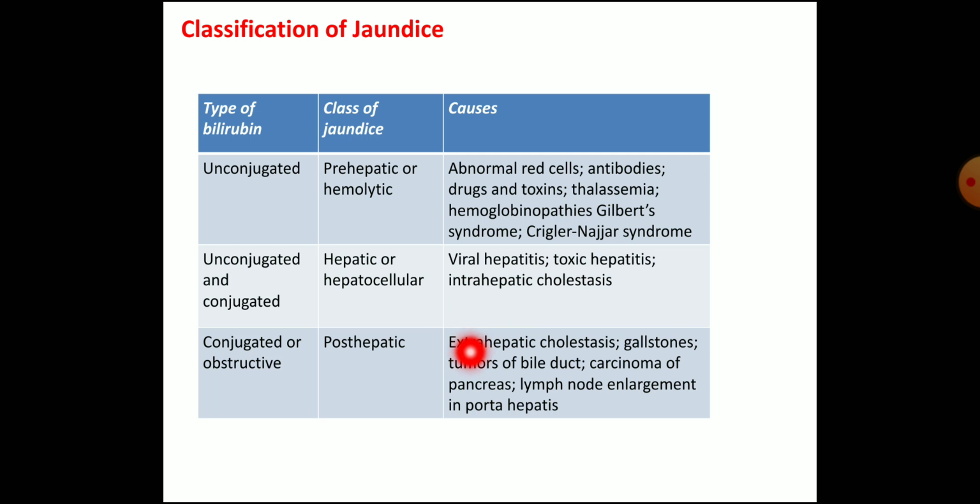So there will be accumulation in the liver cells, and finally it will enter the systemic circulation, that is blood, and being a conjugated fraction, it is water soluble and can be excreted through urine. So there will be bilirubin in the urine, or bilirubinuria, in the case of post-hepatic jaundice, where usually the conjugated fraction will be elevated.